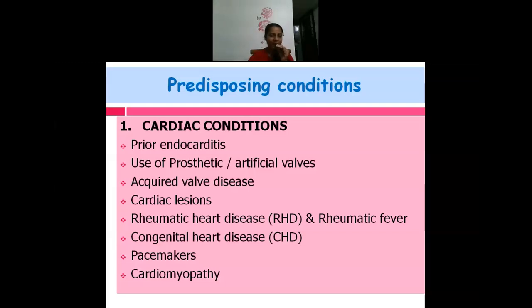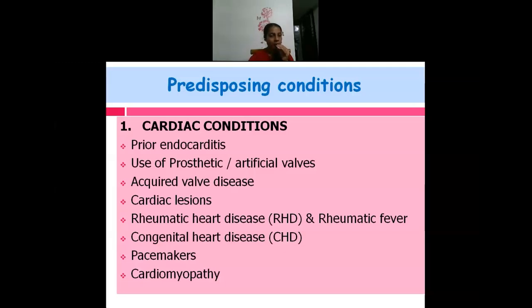Endocarditis. Or if a person has an acquired valve disorder. Acquired valve disorder is a type of valve disease which you develop after your birth, because of some other reasons. So that also can predispose you to endocarditis.